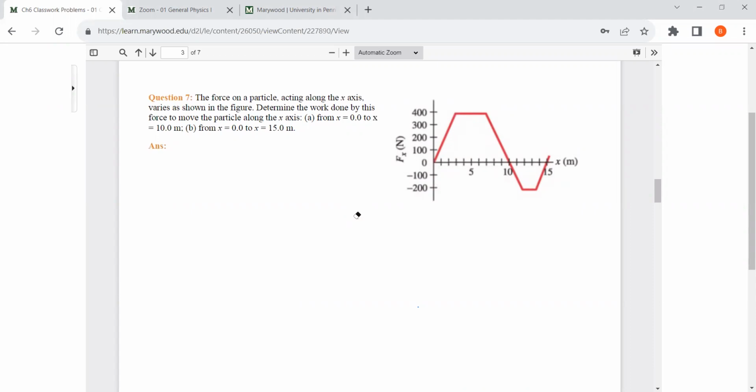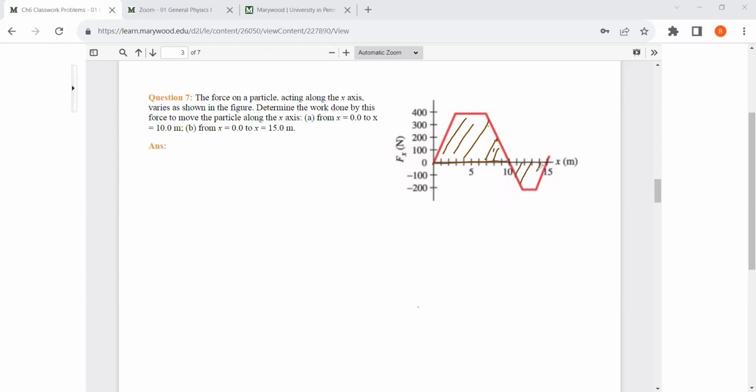Here it asks us to calculate the work done when the displacement is between x equal to 0 and 10 meter. For the first one, the area under the curve will be just this area. For the second one, we have to calculate both this and also this.